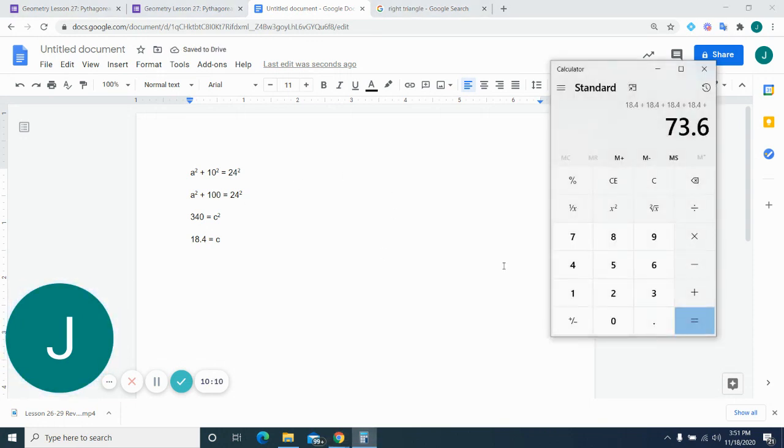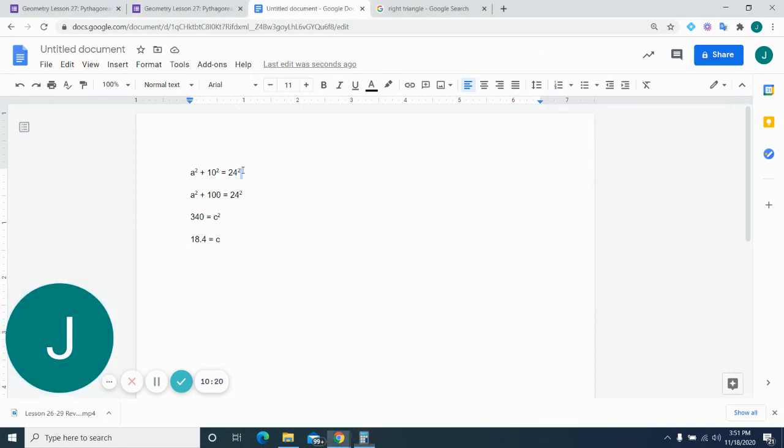24 squared. Oh, whoops, I have to reset all this. 24 squared is 576. So then you need to subtract 100 from both sides to get that 100 out of there. Subtract 100 from here and it's out of there. Subtract 100 from here and it's 476.